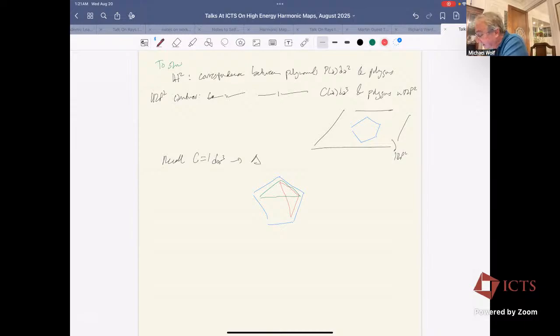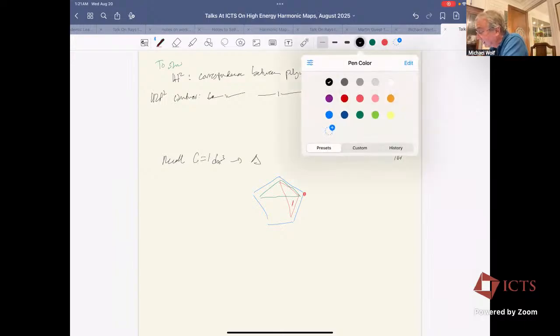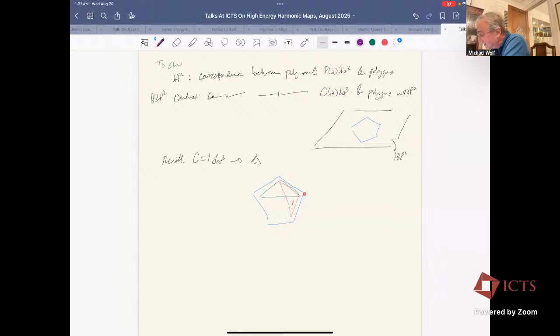So this pink triangle is in some sense centered at that point. And so next to that point is an edge. And so the next triangle, so if this is triangle 1, then triangle 2 is going to be centered on the edge, and it's going to look something like this, and in RP2 it'll come back like this. So this is really triangle number 2.